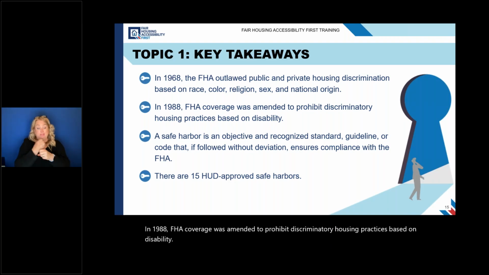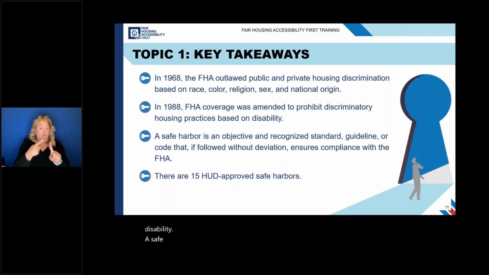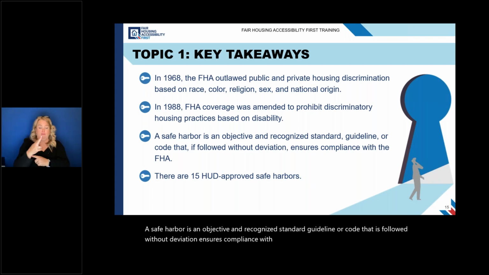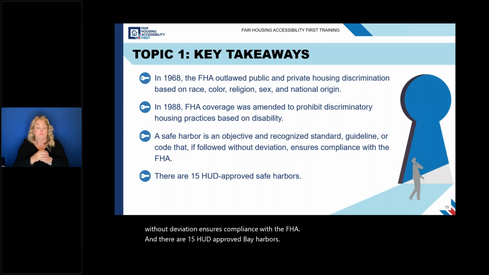A safe harbor is an objective and recognized standard, guideline, or code that, if followed without deviation, ensures compliance with the FHA. And there are 15 HUD-approved safe harbors. Now let's move along into topic 2.